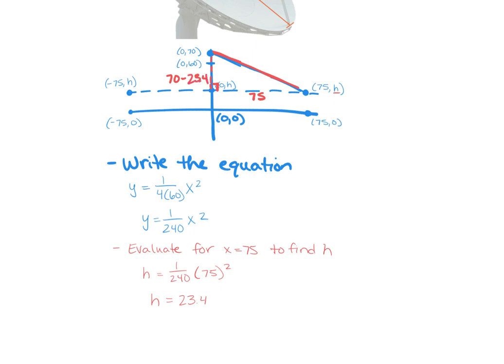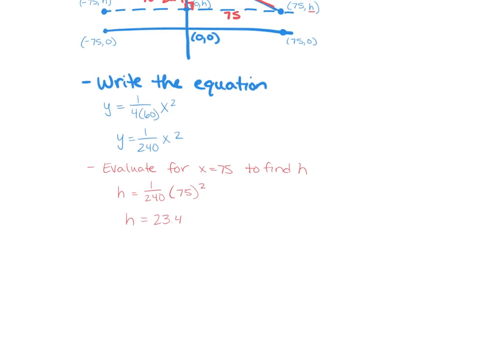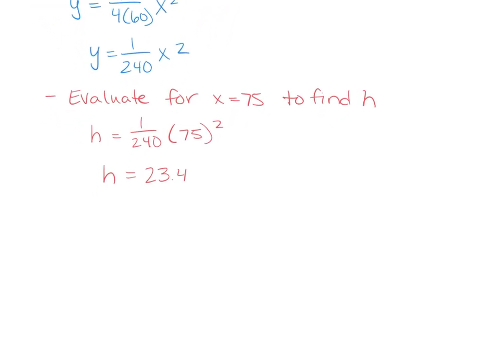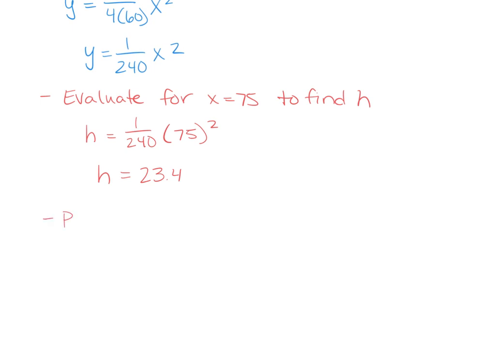Okay, so I can use the Pythagorean theorem now to find that missing side. The side that we're missing is our hypotenuse, so we will set the other two equal to that side.